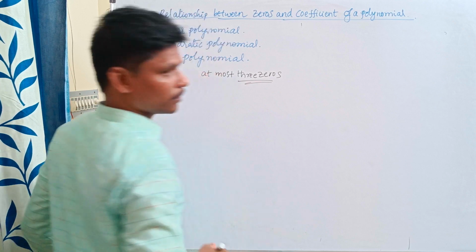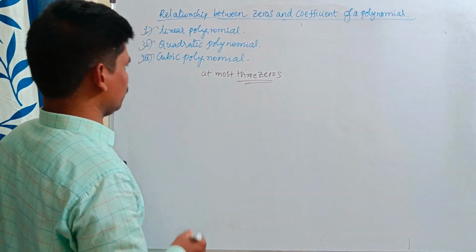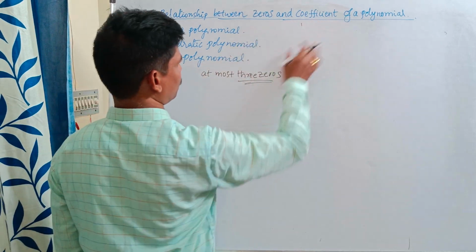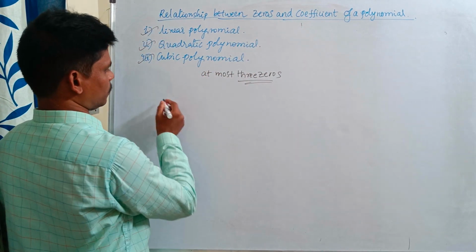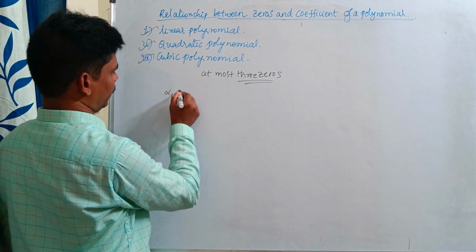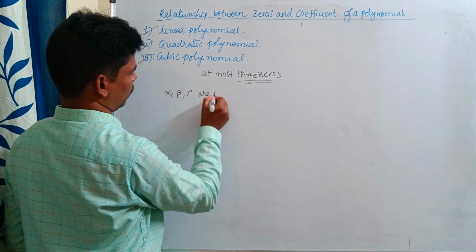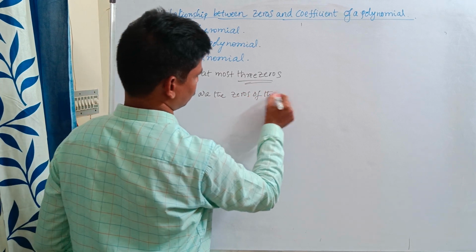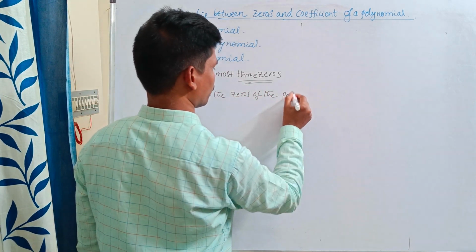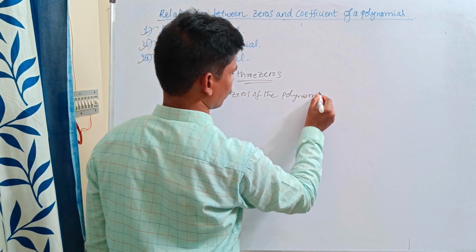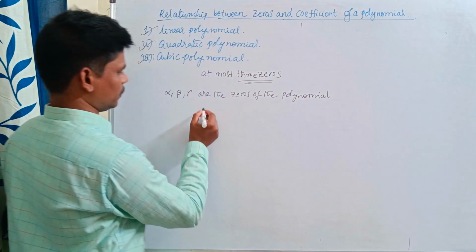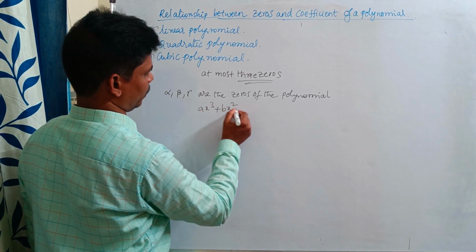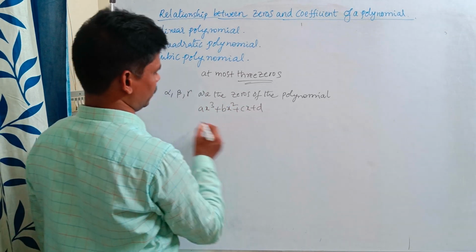In general, to compare the zeros and coefficients of a cubic polynomial, let alpha, beta, gamma be the zeros of the cubic polynomial ax cube plus bx square plus cx plus d.